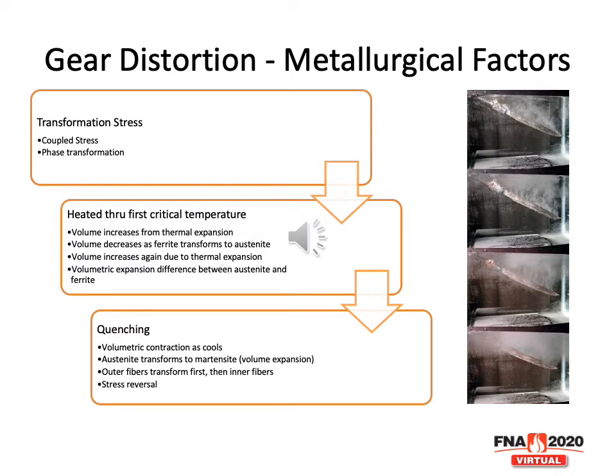In fact, you can see the stress reversal in the pictures to the right, where I'm quenching a sword. This sword is produced in a fashion typical to Japanese swords. You can see that the sword will deflect in one direction, and then with phase transformation, it produces the characteristic bow of the katana, or the Japanese sword.